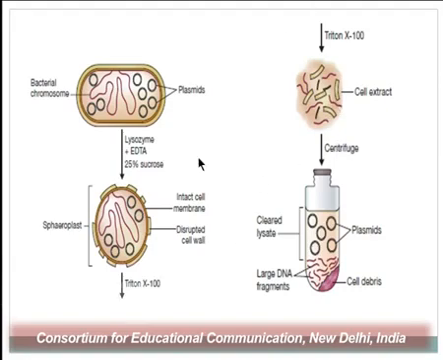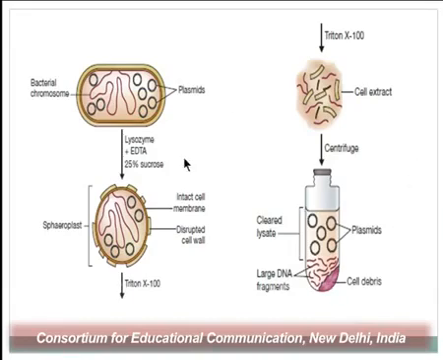So if you add different chemicals for this isolation, you will get intact chromosomal DNA adhering to the fragments of the cell wall. Therefore, when you centrifuge it, they will settle down with the cell debris, and what you get in the supernatant is intact plasmid molecules that you can take out.